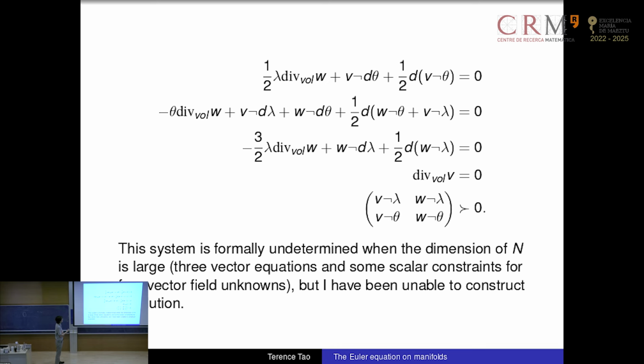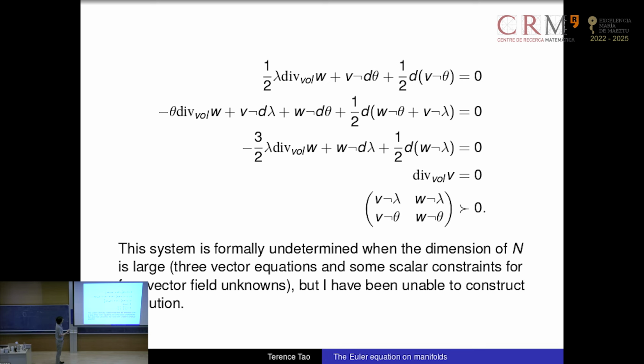You contract them against the one-forms, and you get these three equations, which are the main equations telling you about the horizontal velocity and so forth.